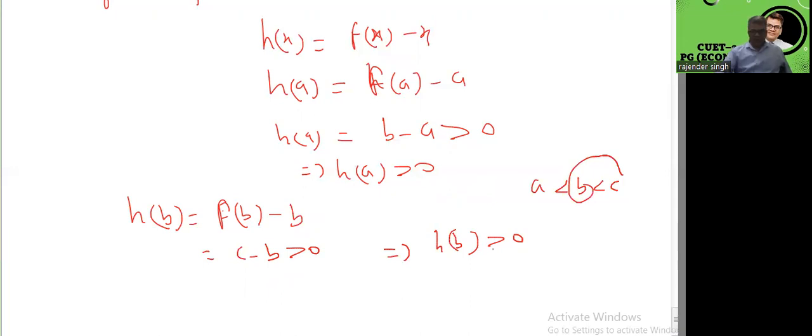Now, in this case, because h of a is a positive number and h of b is also a positive number, we can't apply the intermediate value theorem, right?